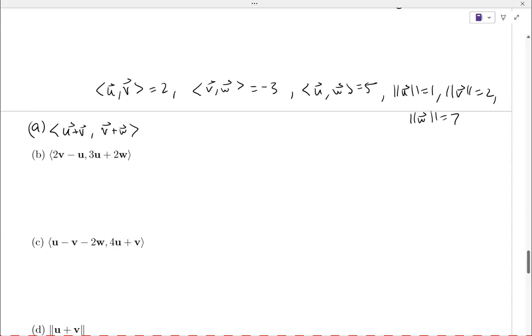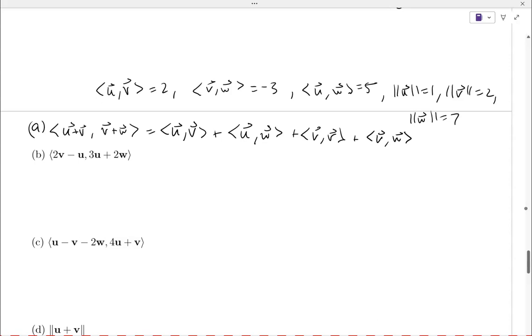If I wanted to do it with the inner product notation, you would have u inner product with v, u inner product with w, v inner product with v, v inner product with w. And do we know all those values? Yeah, sure do, don't we?